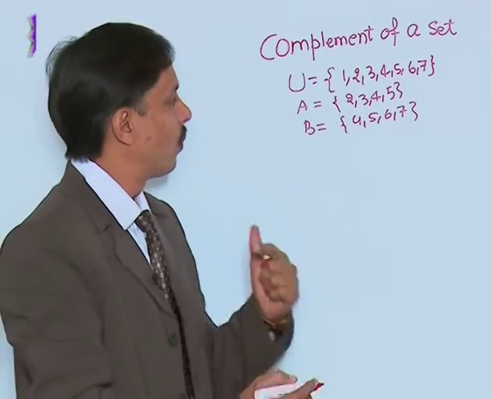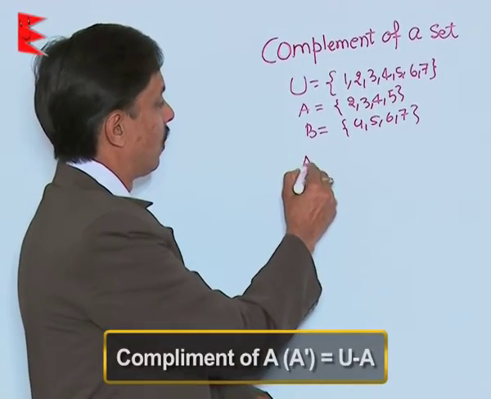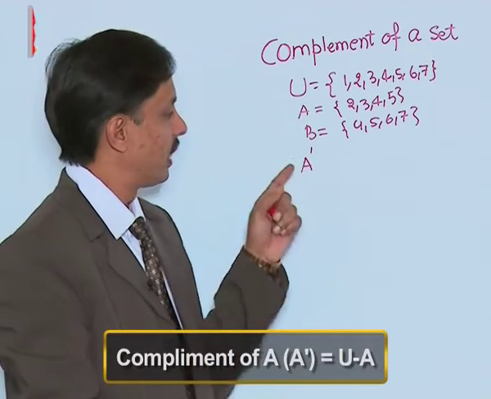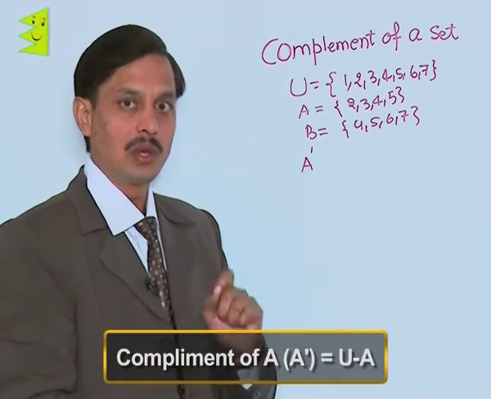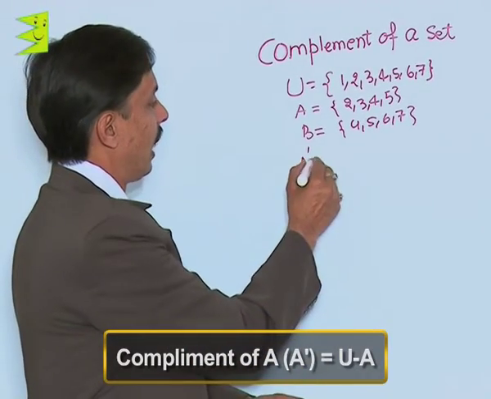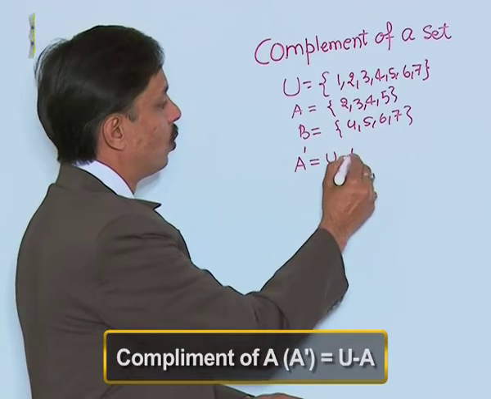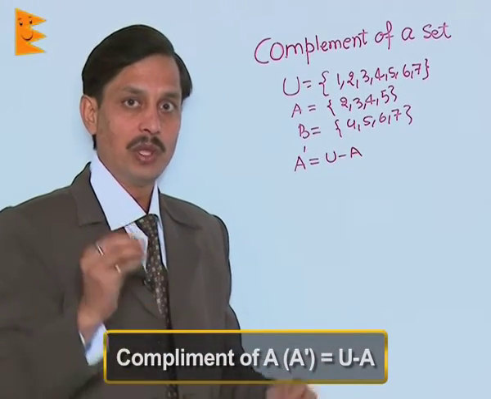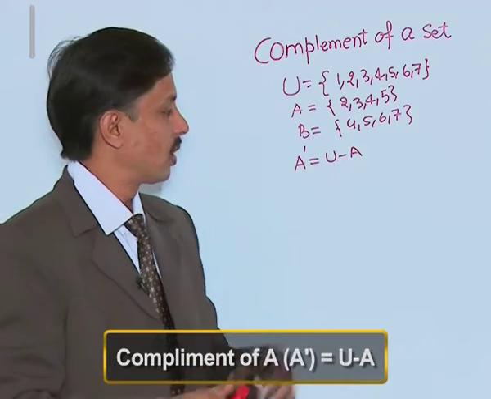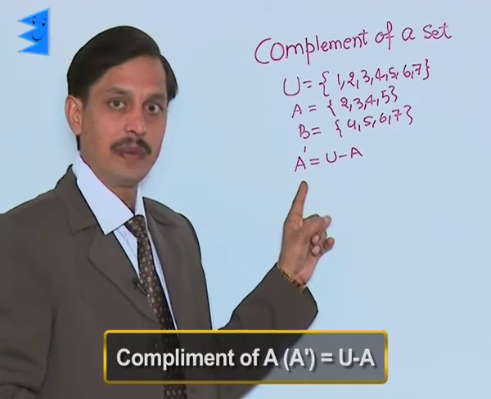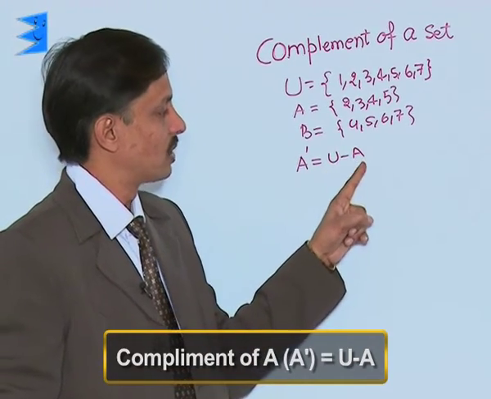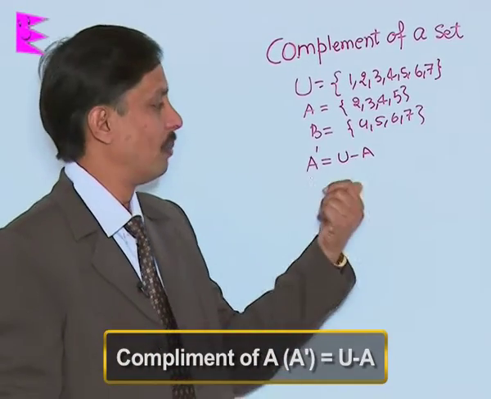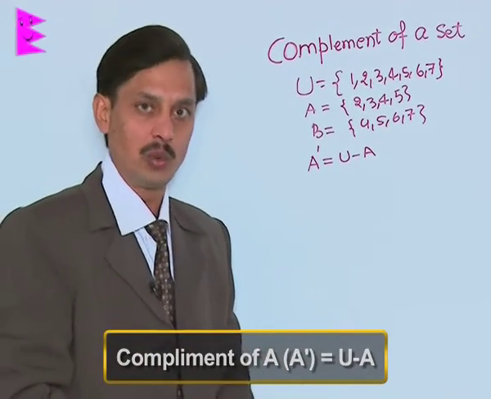If we want to find the complement of A, then we symbolically represent it as A dash, that is complement of A, and it is equal to U minus A. That means very simply you can say that the complement of any set is equal to the universal set minus that set whose complement we are going to calculate.